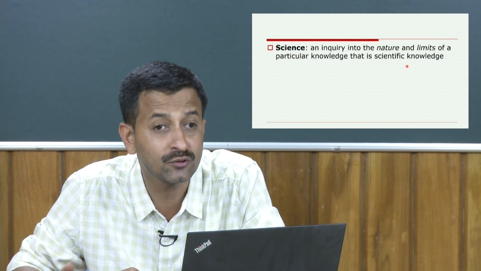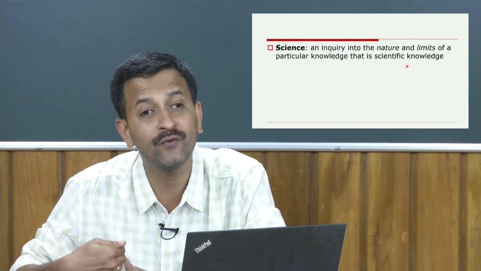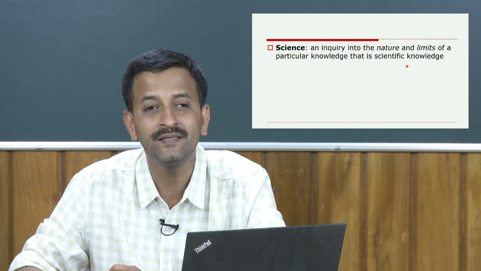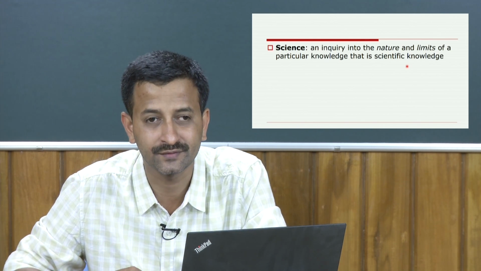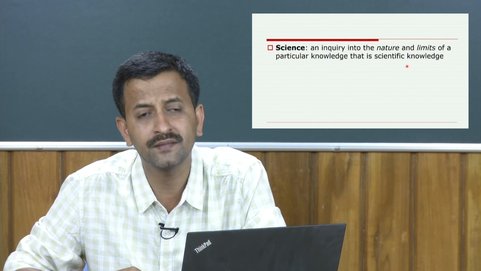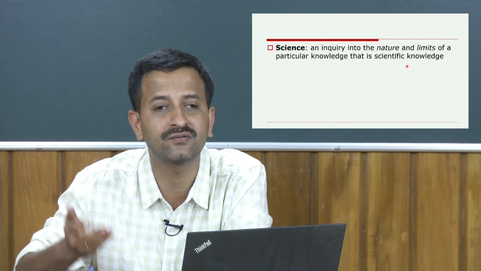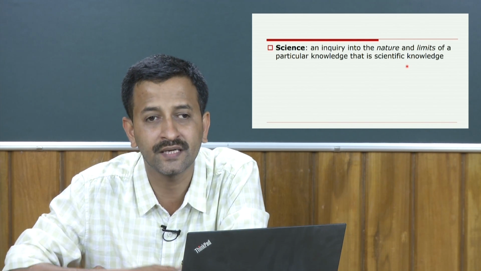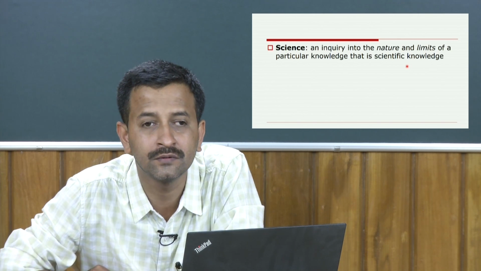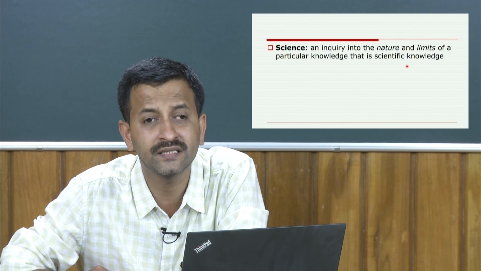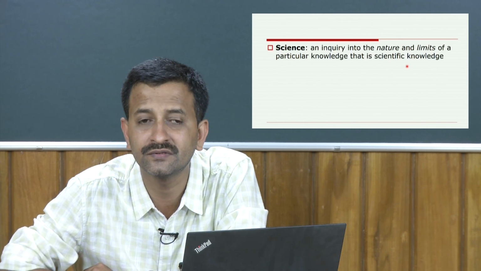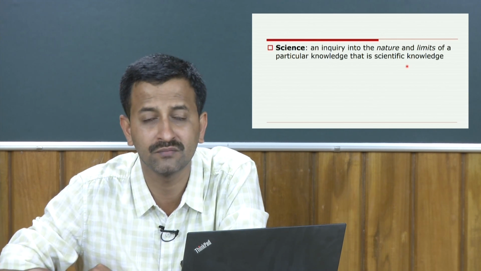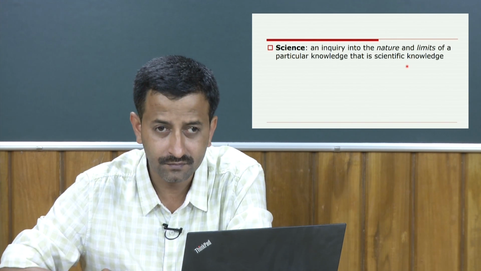When we talk about sociology of science, it is an inquiry into the nature and limits of a particular knowledge guided by social and political institutions. There are various examples of social institutions, political institutions and so on. If I say political institution, it may refer to the state. Social institutions may be in the form of family, marriage, kinship and so on.